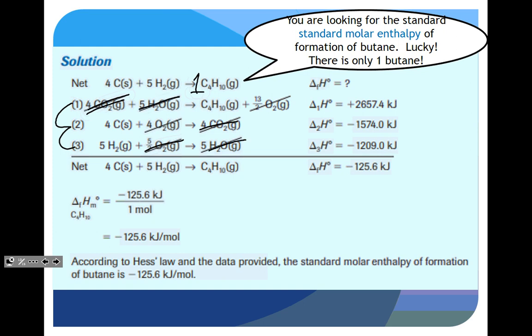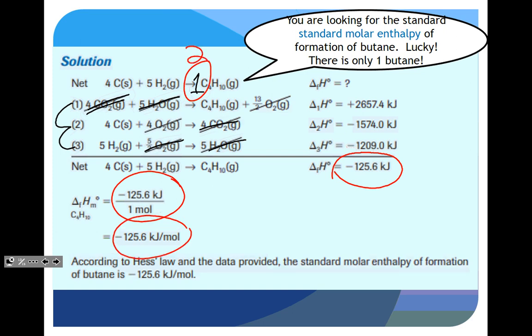Okay, so basically we get a total molar enthalpy, change in enthalpy of formation of negative 125.6 kilojoules. There happens to be 1 mole, so it's just over 1 mole, which is the same. If this had a coefficient of 2, obviously you divide it by 2 moles, and then you get a different answer per mole, but it's not, it's 1, so we're good.